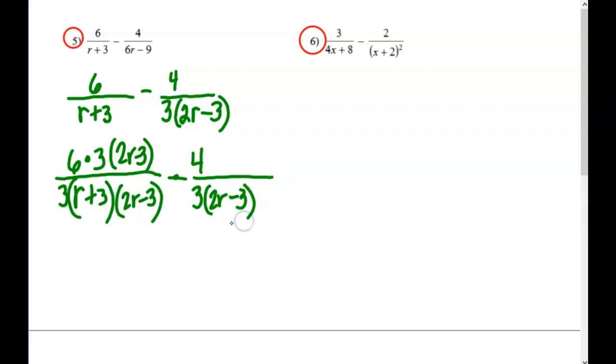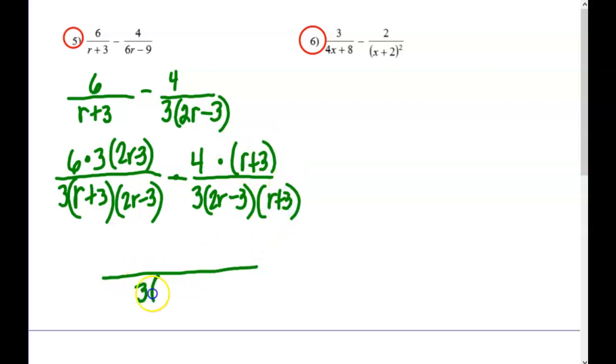What do we need to multiply to it? Top and bottom still. And r plus 3. All right, so the common denominator for both will have a 3 in any order, an r plus 3, and a 2r minus 3. Because we're multiplying, the order doesn't matter.